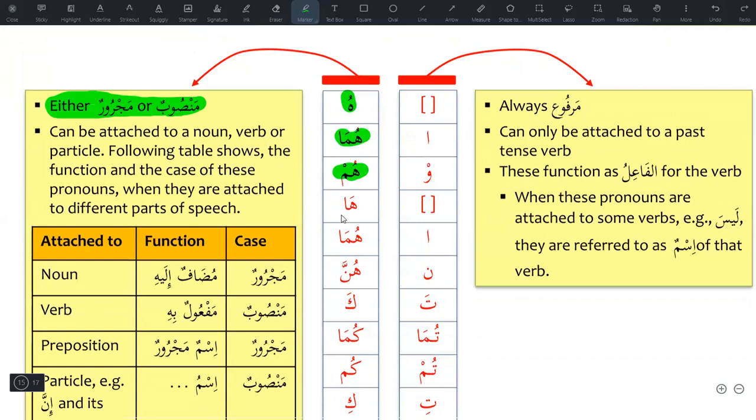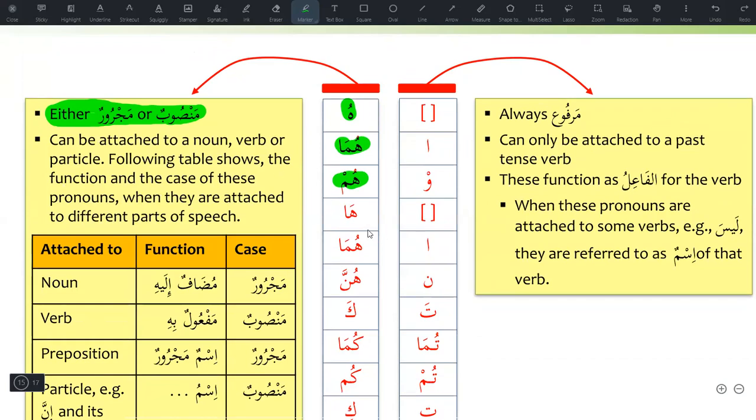These are mansub or majroor. But here they are always marfu', like huwa. Here huwa is hidden in this verb.